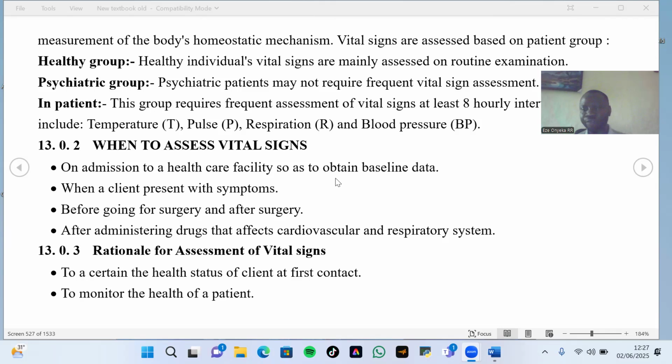You know that sodium has affinity for water. So if the kidney allows a lot of sodium to go out, a lot of water goes out. If the pressure is high, the amount of sodium retained is lowered.